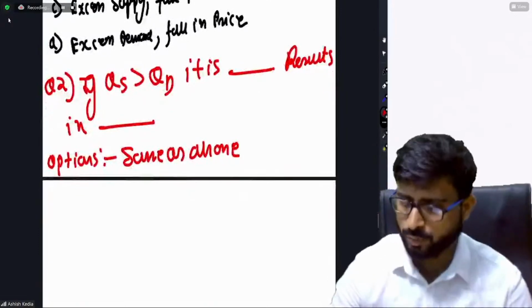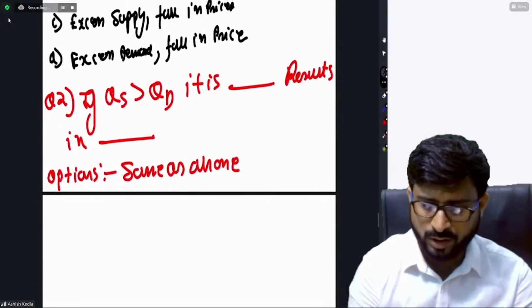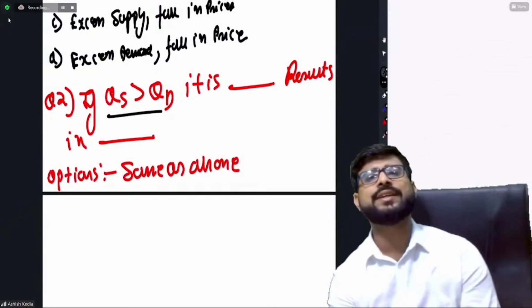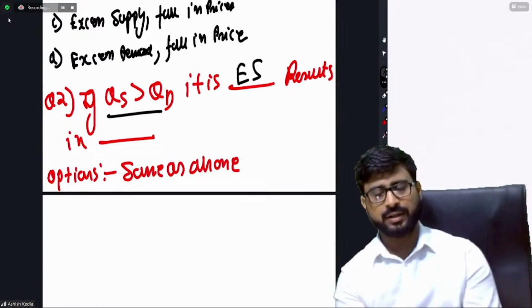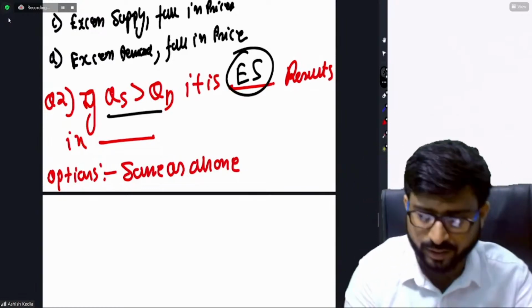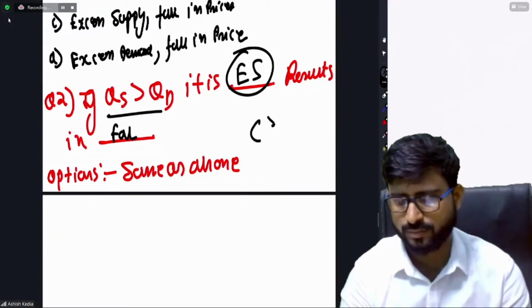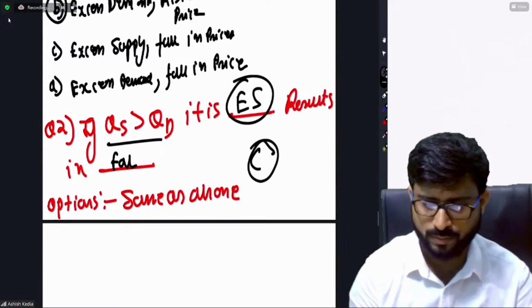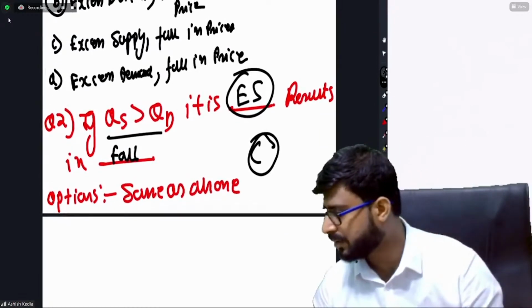Correct. So friends, if you all see carefully, if quantity supplied is greater than quantity demanded, it is excess supply. You all got it correct. And whenever there is excess supply, it results in fall in price. So option is C. Got it, everyone?